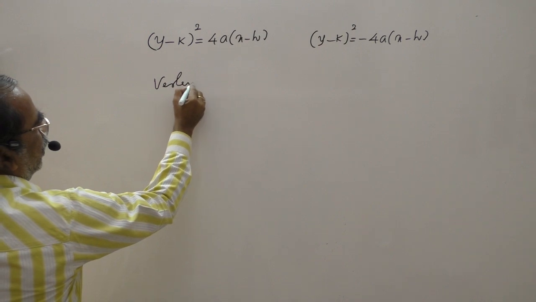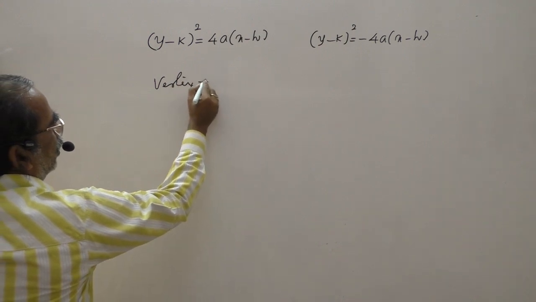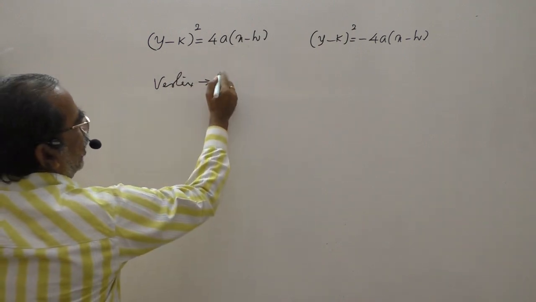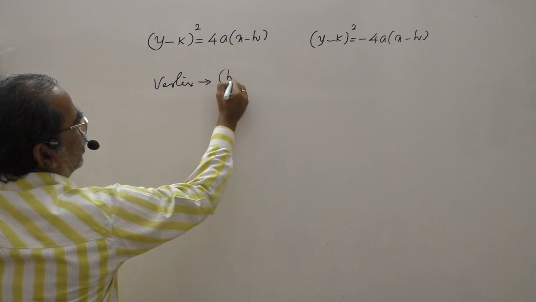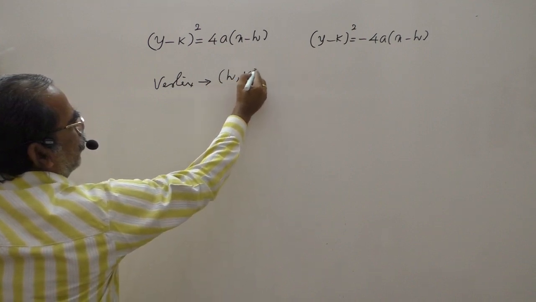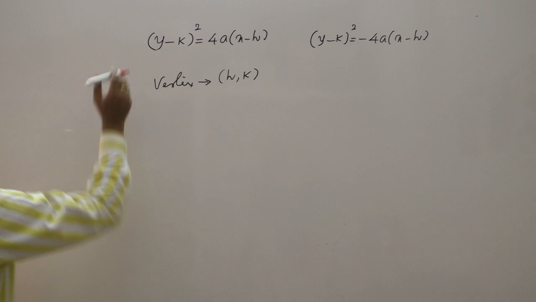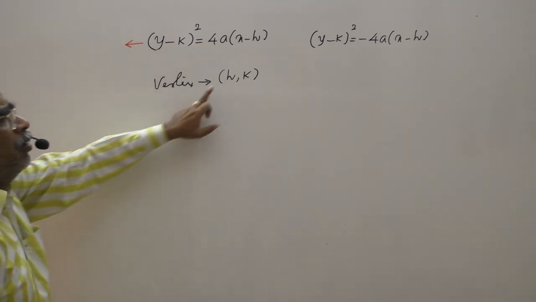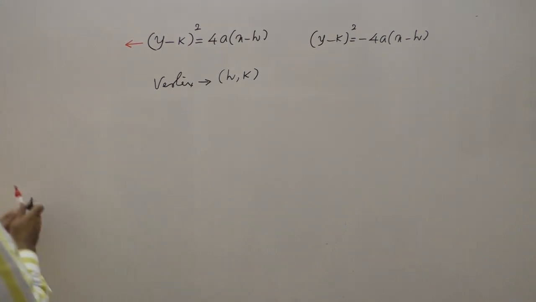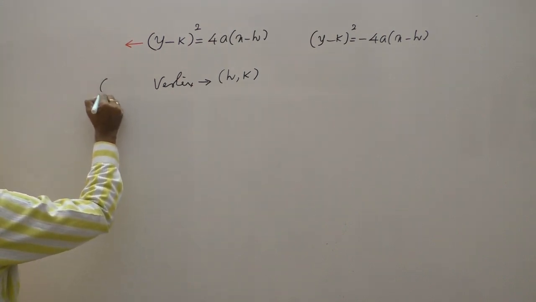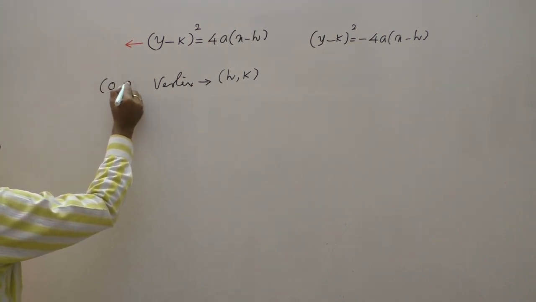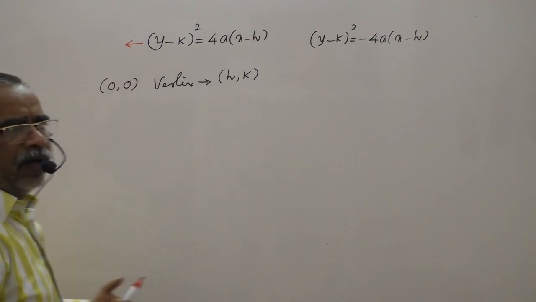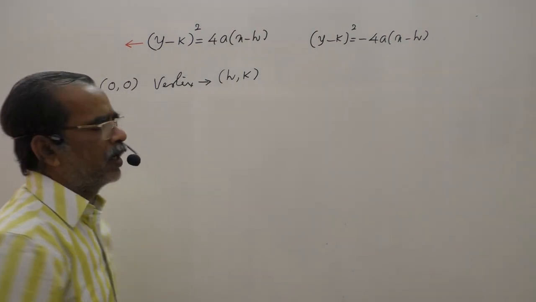For this parabola, what is the vertex? We have taken the vertex as (h, k). Now I will take this parabola and make the vertex (0, 0) by change of axis, translation of axis.